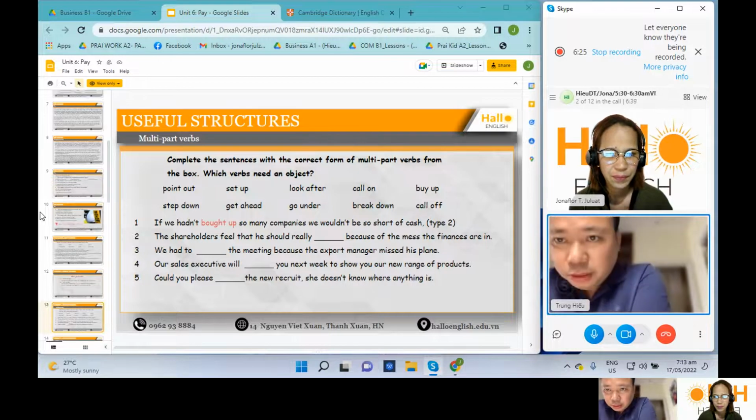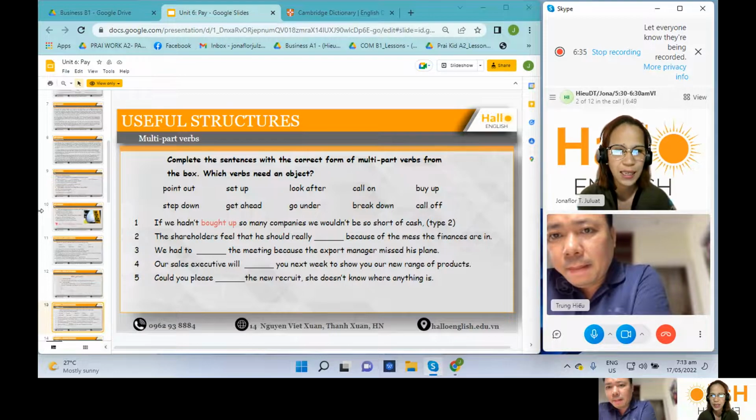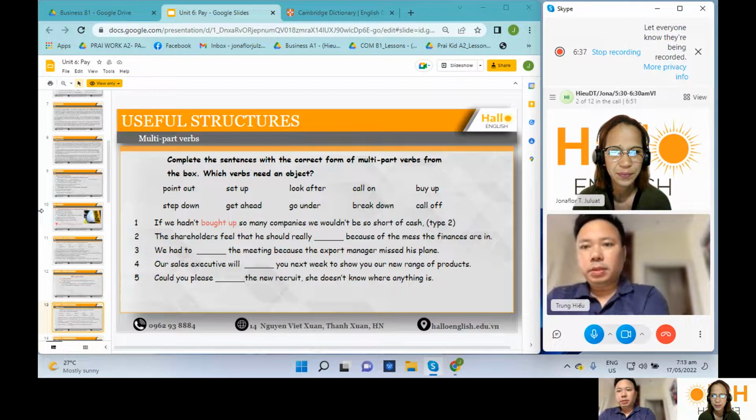Could you please blank the new recruit? She doesn't know where anything is. Could you please what?